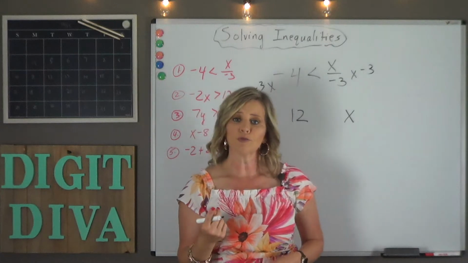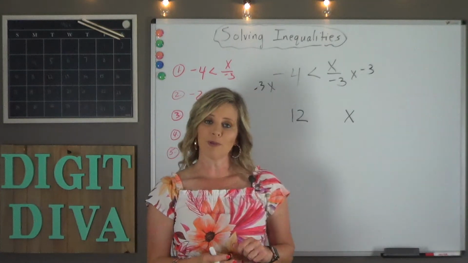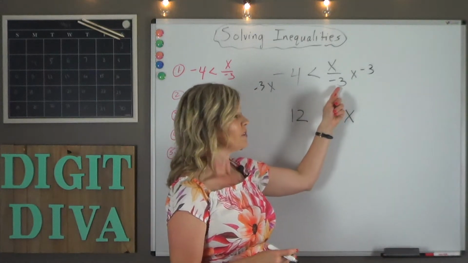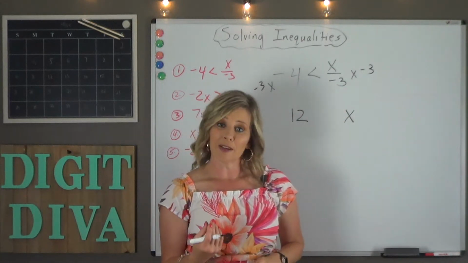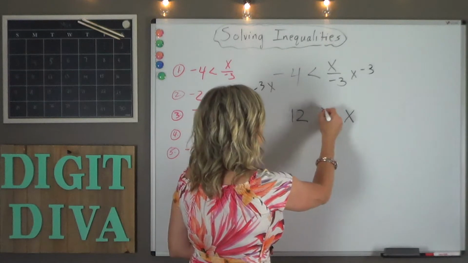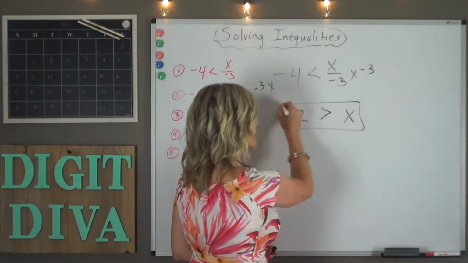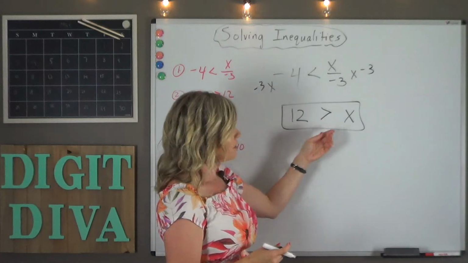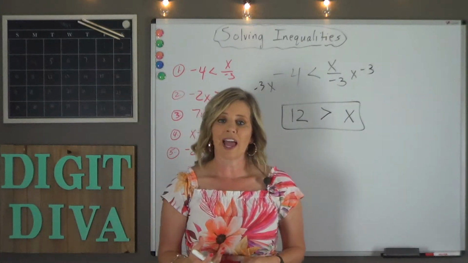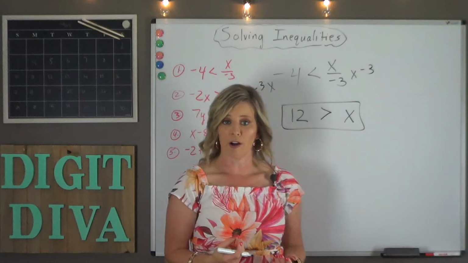But there's a special rule when you're dividing or multiplying by a negative number. Here, notice I'm dividing by -3. When you're dividing by a negative number, you have to reverse the inequality symbol. So now we have 12 is greater than x. I want you to get into the habit of being able to read it another way also.